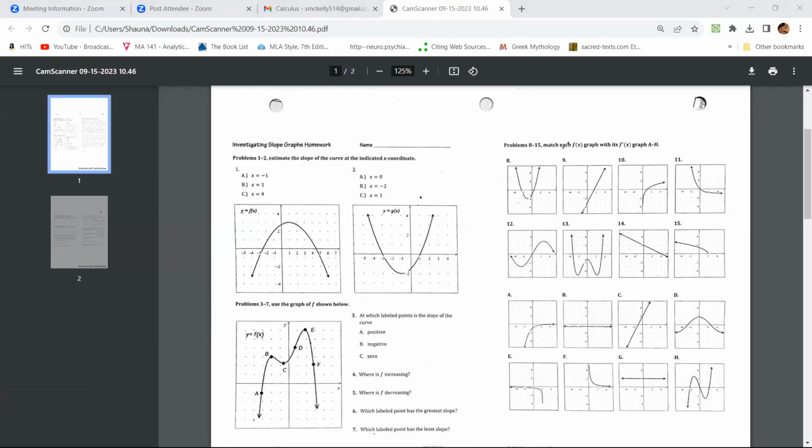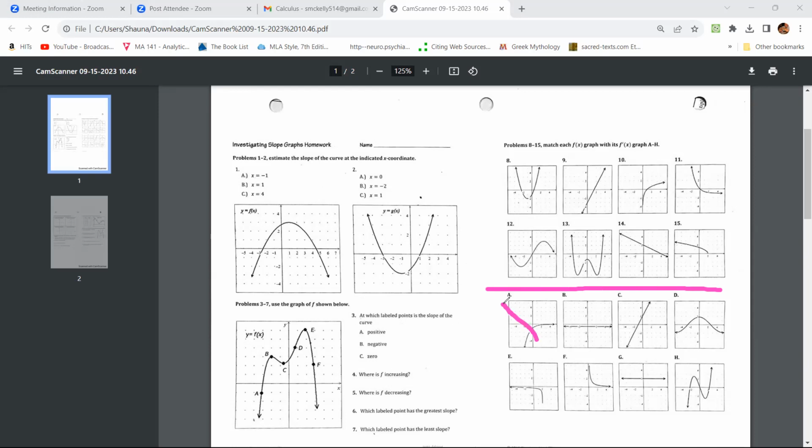Now, we don't have too much to worry about here. We know that we go through the point -1 and 0. There are only a few graphs in this bunch down below that even do that.